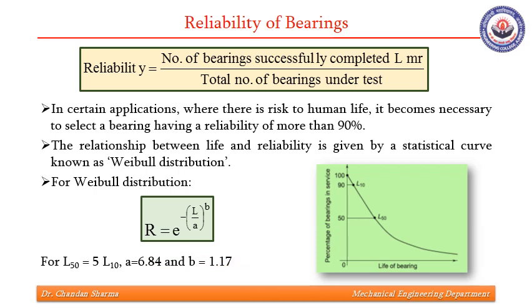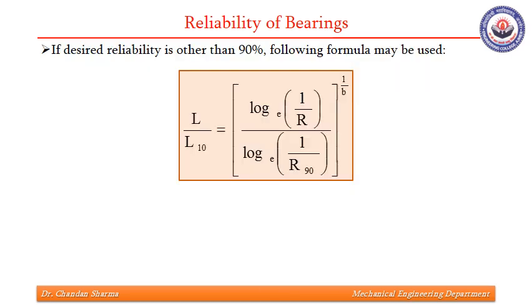Now we'll use this formula. This is an extension of what we have done in the previous slide. Say we have been given reliability as 99% and life for 99% is given to us. To be able to use the load life relationship, we ought to know what is L10 life. So we'll put the L life given to us for, say, 95% reliability.